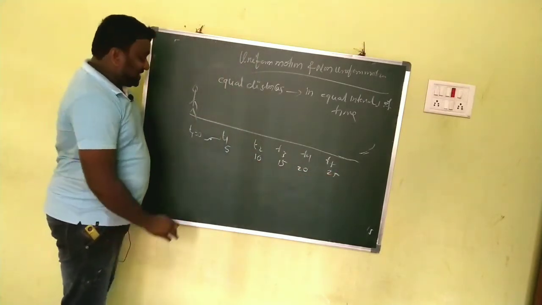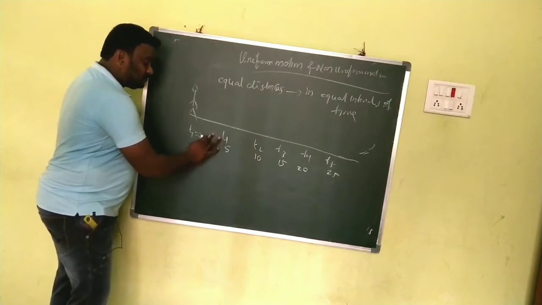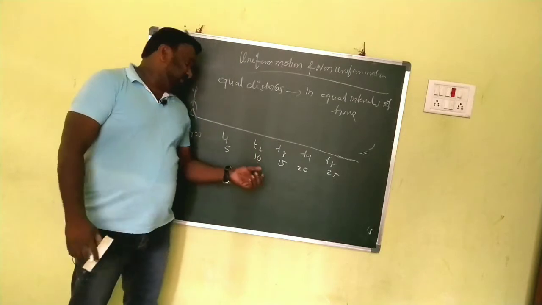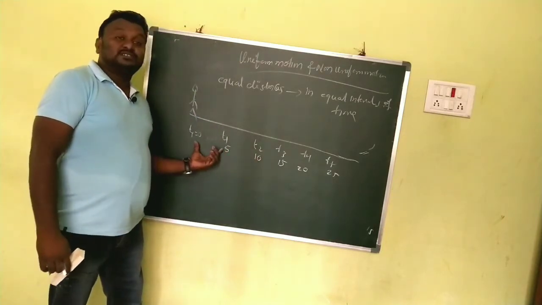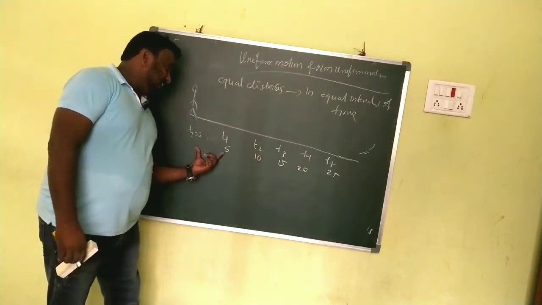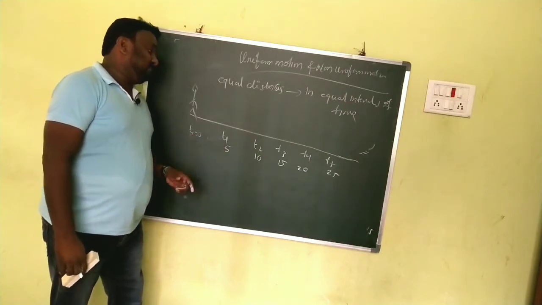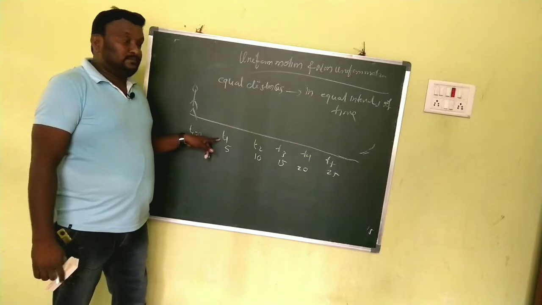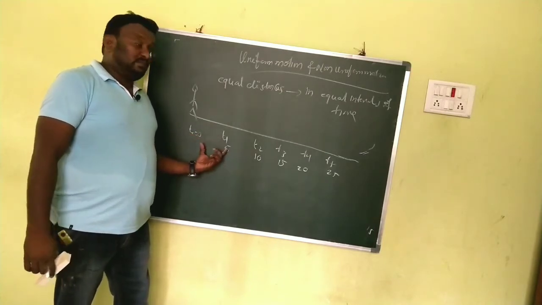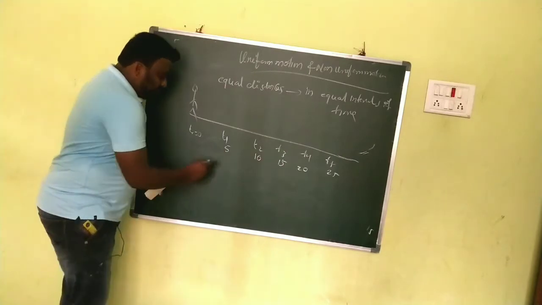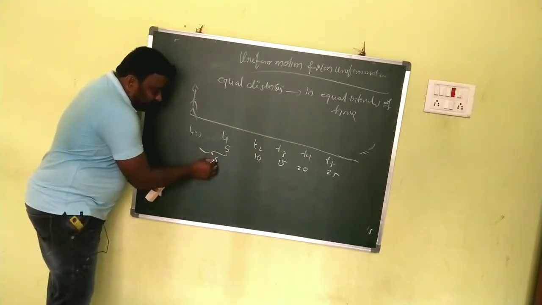Then what is the time interval? The difference between two events. So 5 minus 0 is 5, then 10 minus 5 is 5. So here the time interval is 5 seconds.